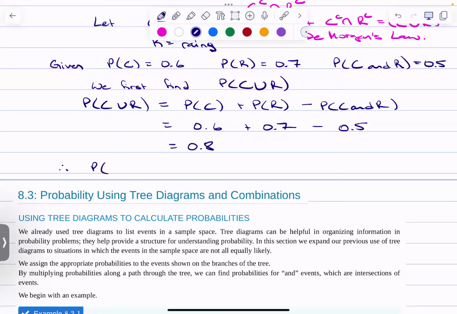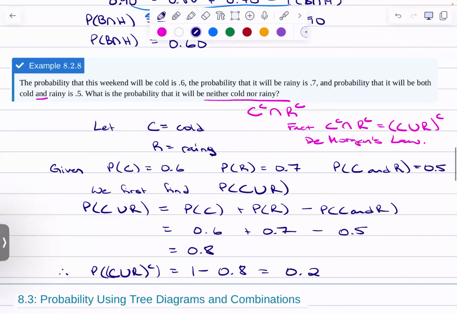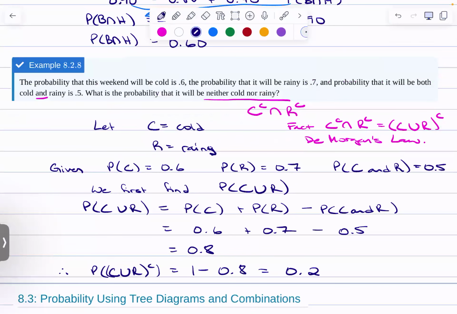Therefore, the probability of the C or R complement is 1 minus 0.8, which is 0.2, which is the probability that it's not cold and not rainy. Kind of sneaky.